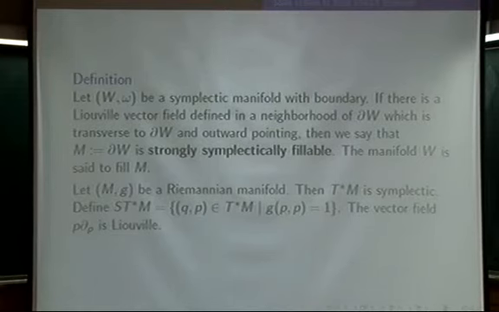And let me point out, every example I've written down so far is in this sense fillable, because in the Stein case you take sublevel sets, or in R^{2n} you just take the disk, or for unit cotangent bundles you take the unit disk bundle as filling.